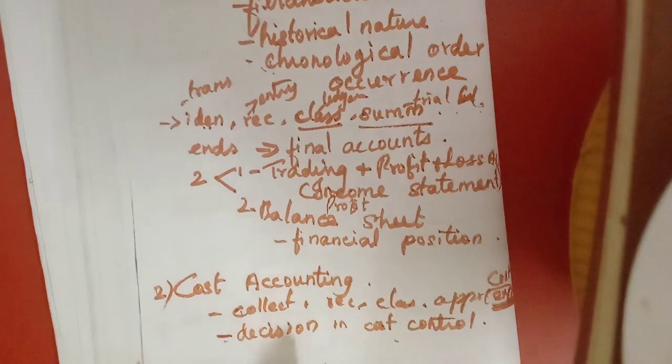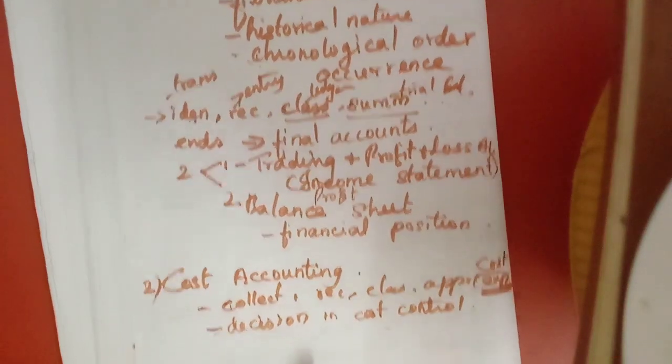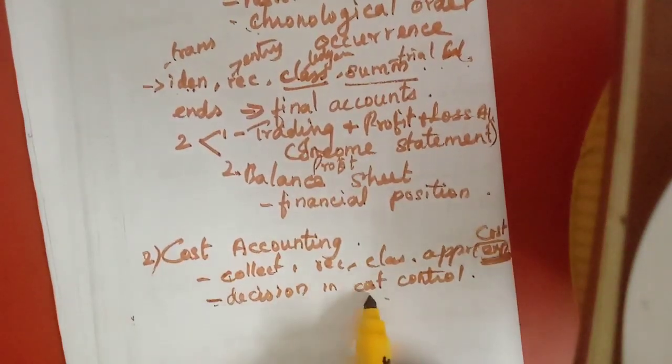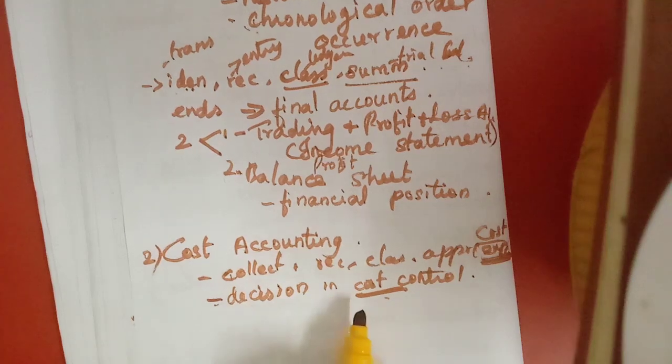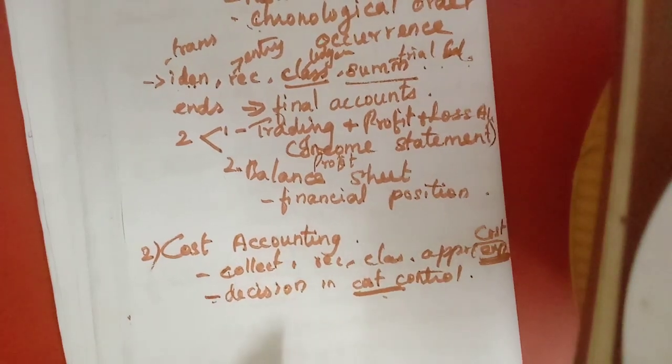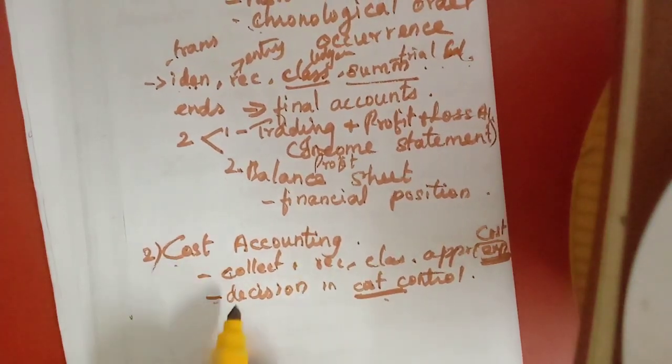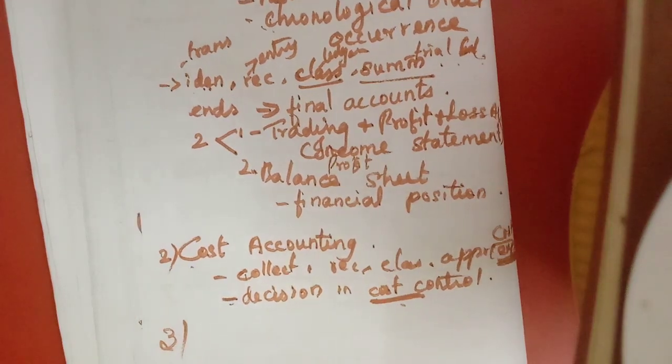So what the management has to do is reduce the cost. Only then can they earn more profit. So for cost control and decision making, the accounting will be given to the management. That is called cost accounting.